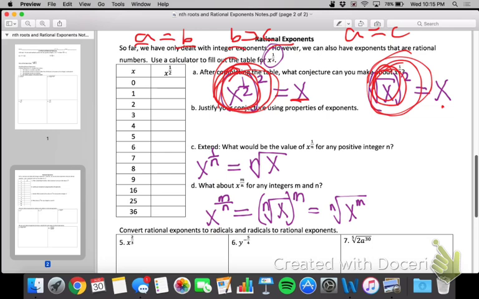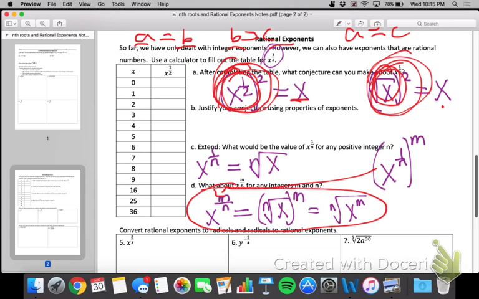And when you have a numerator on the fraction, if we have something like x to the 1/n raised to the power of m, then that's the same as having this, right? Now, if this is all over your head and you would rather just remember the one rule, that's fine.